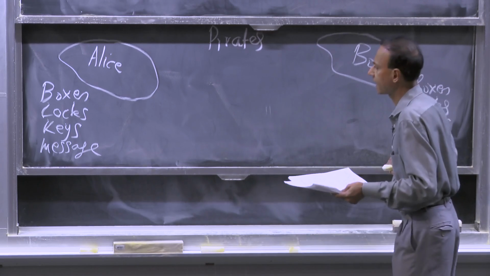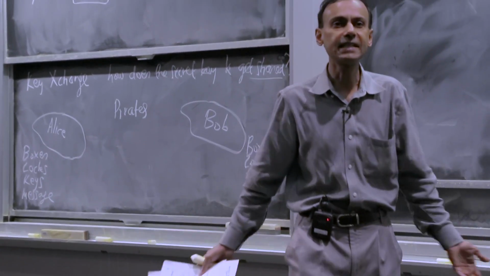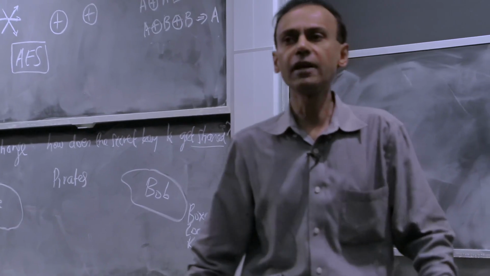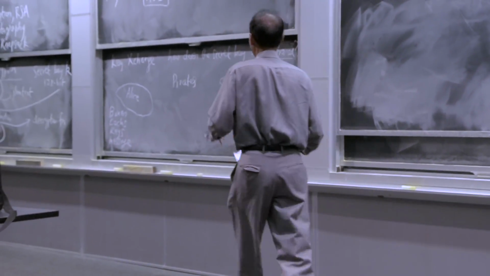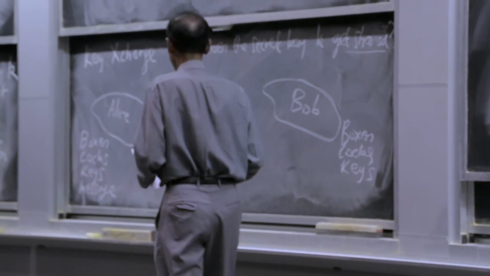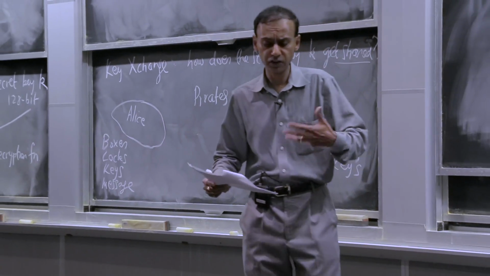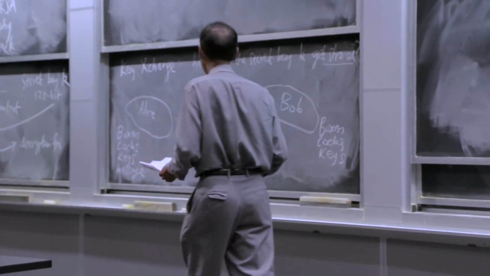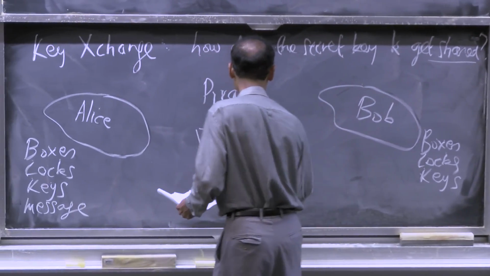In this case, Alice wants to send a message to Bob, right? Alice wants to exchange a key with Bob so they can eventually communicate in a secure way, regardless of the pirates or whoever else is listening. So the problem here, of course, is that if you just send a message on a boat, the pirates are kind of nice in a way, in that they will deliver messages.